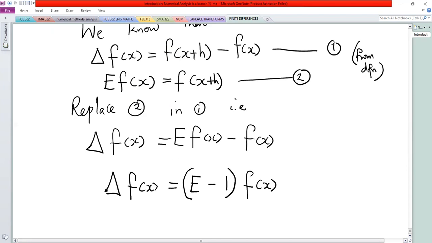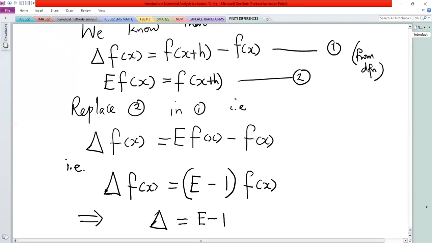Now, for this equality to make sense, if we have the forward f of x and this bracket f of x, then this implies that the forward operator must be the same as shift minus 1 for that equality to make sense.